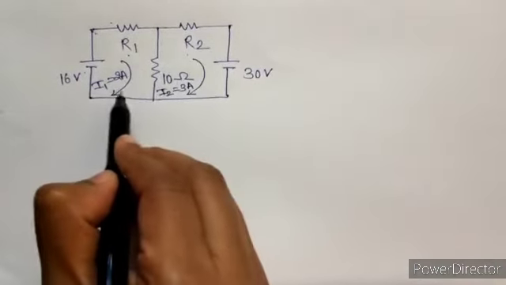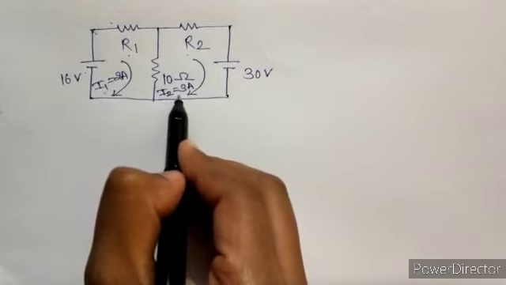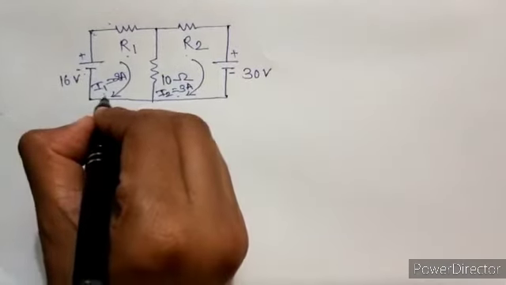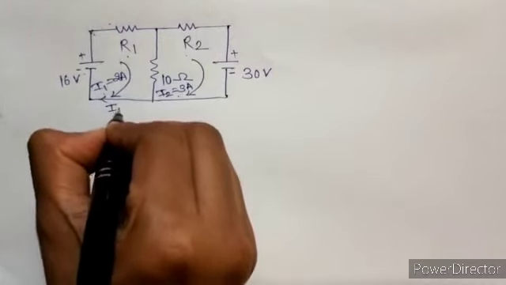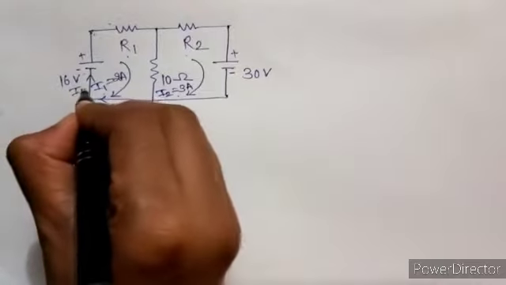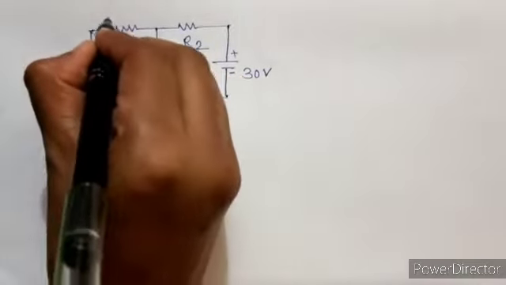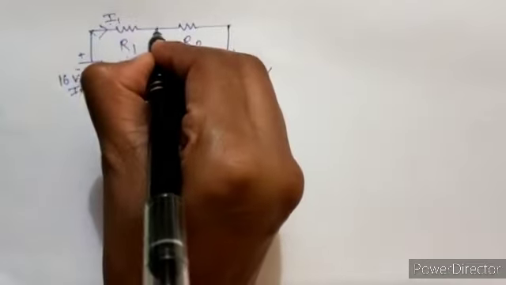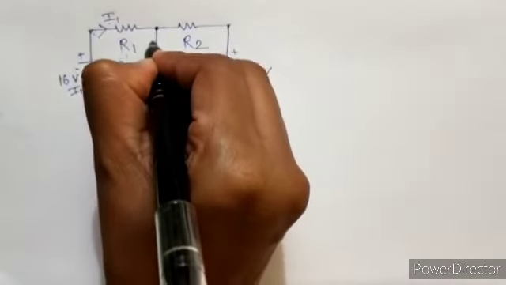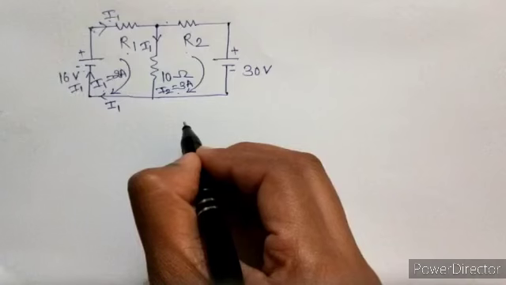Before applying KVL, first flow current I1 and I2 in the whole circuit. The current I1 starts flowing from here. It goes through the 16 volt source, then further it goes through the resistance R1, and due to this node, the current is diverted in the downward direction, I1.